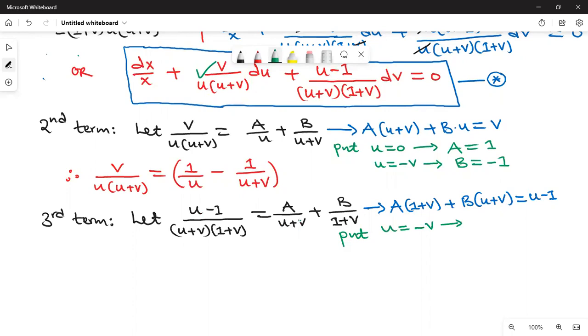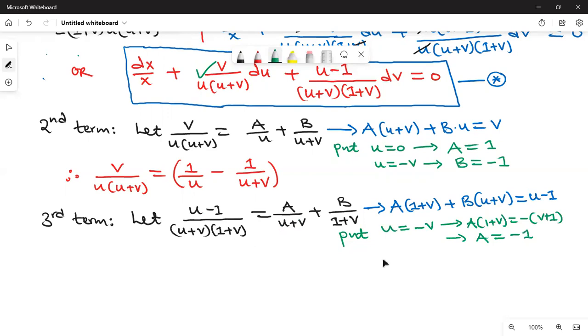I'm going to get a into 1 plus v is equal to, because the second term will vanish, on the right hand side, negative v minus 1, which is negative of v plus 1. So you're going to get a into 1 plus v is equal to negative of v plus 1. I've factored out the negative. So you see, when you make a the subject, you're going to get a is equal to negative 1.